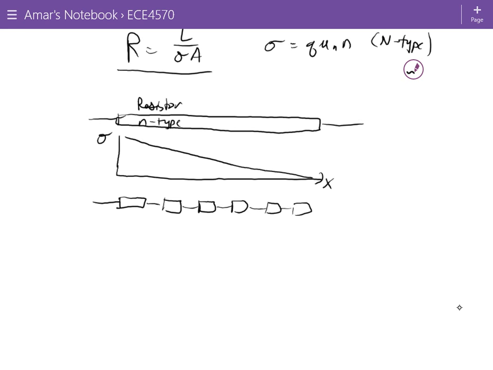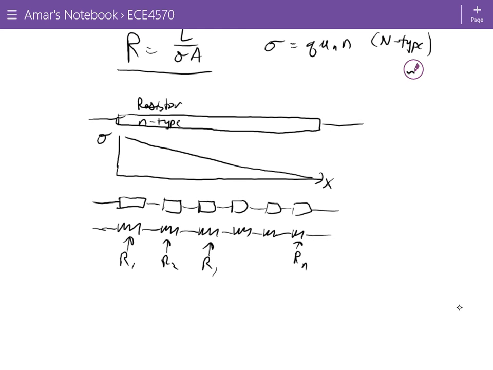In other words, we're going to break up that resistor into a series of smaller resistors, and we're going to find the resistance of each one. So this will be R1, R2, and each one of these resistances is going to be different, all the way up to Rn.